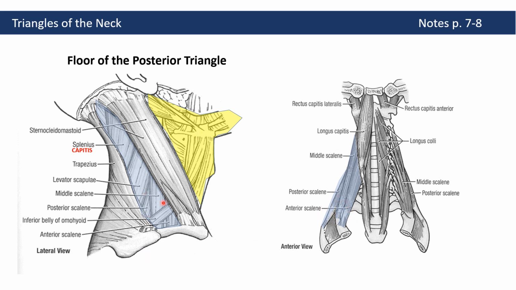There is a difference in the attachment of the scalenes. Notice how the posterior scalene attaches to rib 2, whereas the anterior and middle scalene attach to rib 1. That becomes important as you think about the location of the brachial plexus, and if, for instance, there is a cervical rib, which is an elongated transverse process of C7, okay?